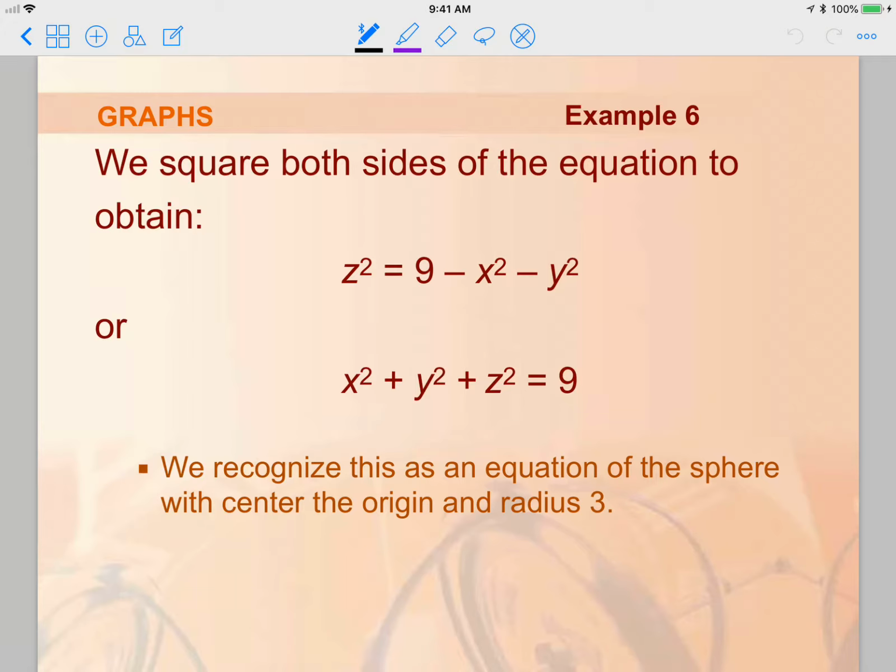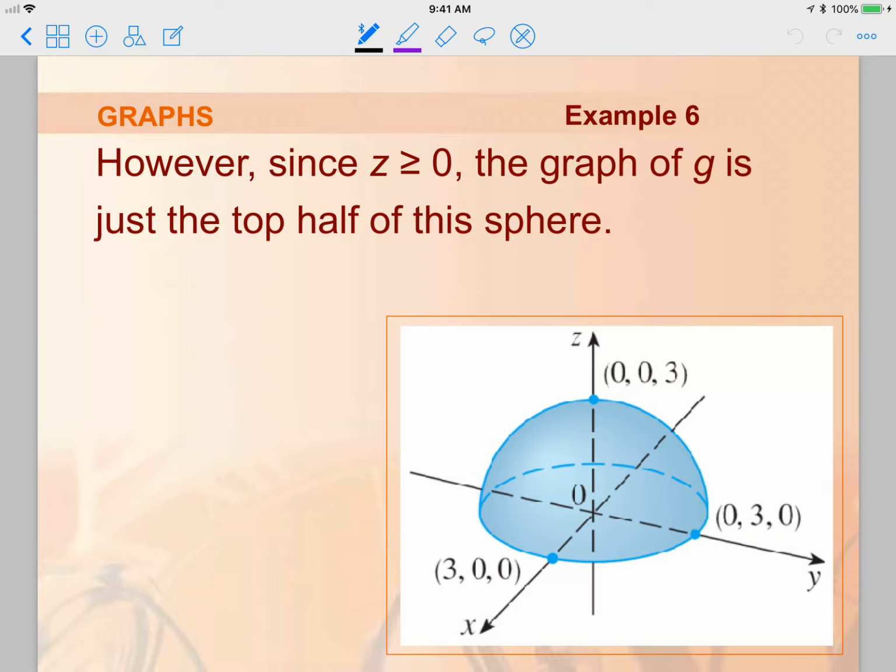Okay. Yeah, here's a better picture. So for instance, if we were to graph this with Mathematica, we would do ContourPlot3D, okay?